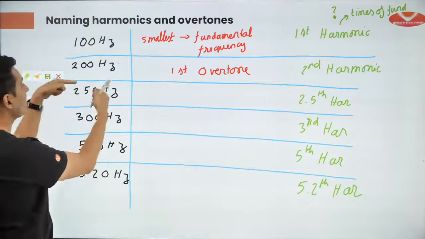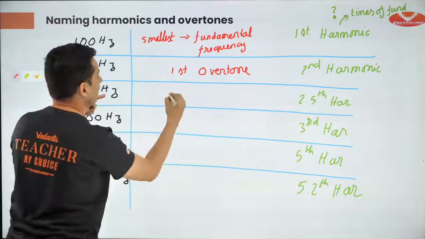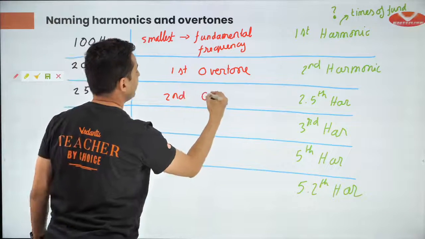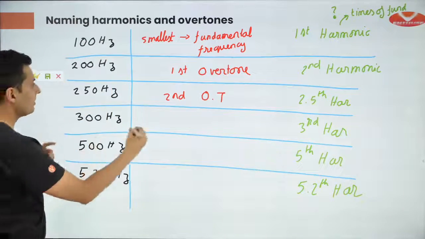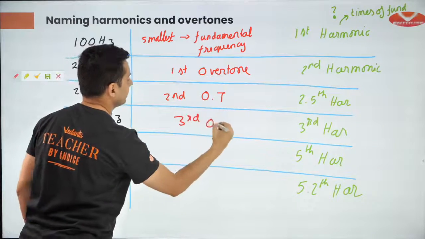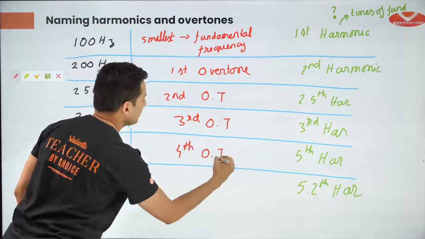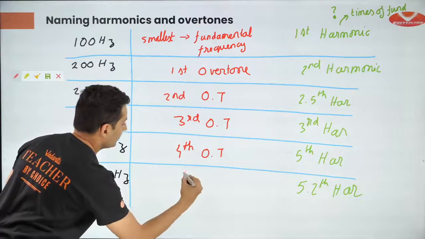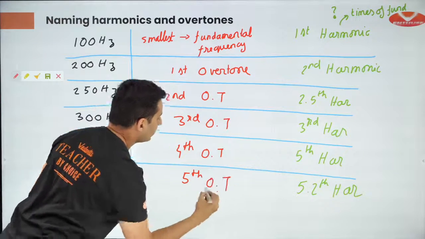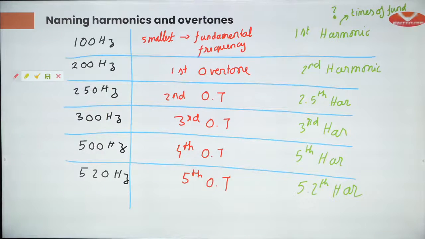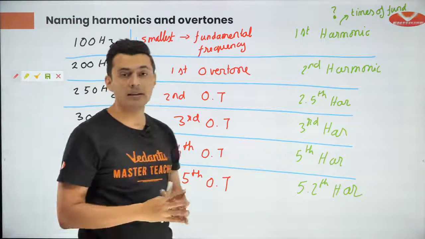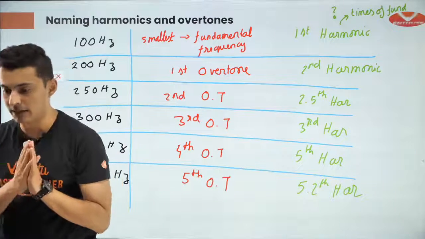This one is the second frequency you get after the fundamental, so that is why it is called the second overtone. This is called the third overtone, this is called the fourth overtone, and this is called the fifth overtone. I hope this is clear. This is how the numbering is done.